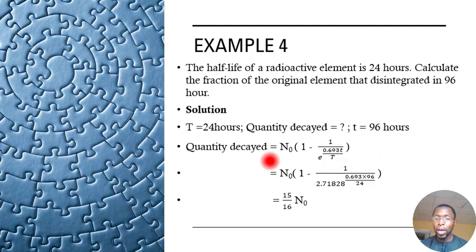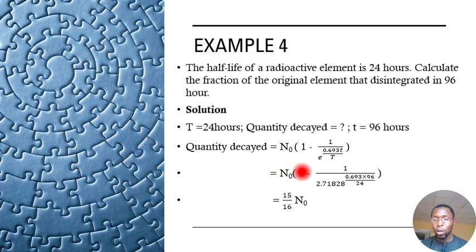So the quantity decayed by formula is N0 open bracket 1 minus 1 over Euler constant raised to power 0.693 t all over capital T. Alright? In this case, N0 is not given in the question, but we can still use it in the formula.